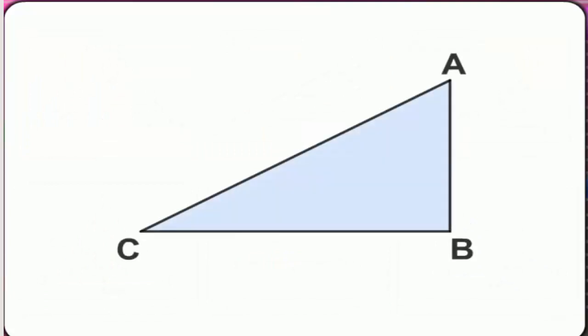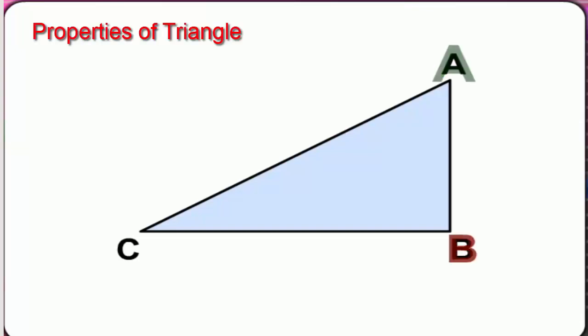Now let us learn more about triangle. Look at the triangle ABC here. The triangle ABC has three interior angles, angle A, angle B, and angle C.